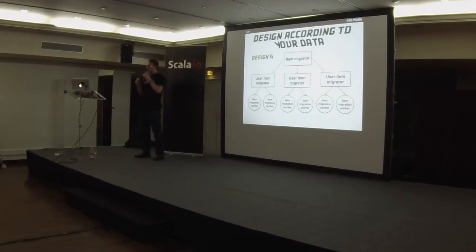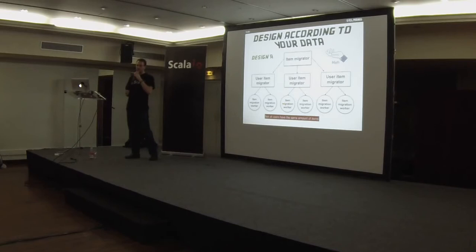And this user item migrator had 2 workers, or more than 2 workers, I don't remember exactly, to handle the migration of one item. Now the problem with this setup was that not all of the users had the same amount of items. Some users had hundreds or thousands of items, and some users had no item whatsoever. And in this case, this kind of setup is not very efficient.